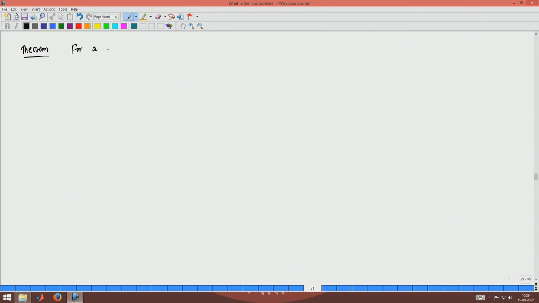For a graph G with at least three vertices, the following conditions are equivalent and characterize two connected graphs.